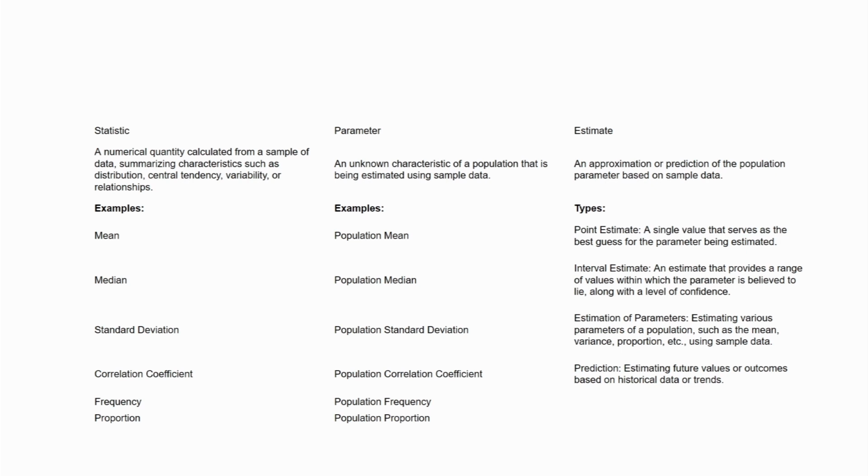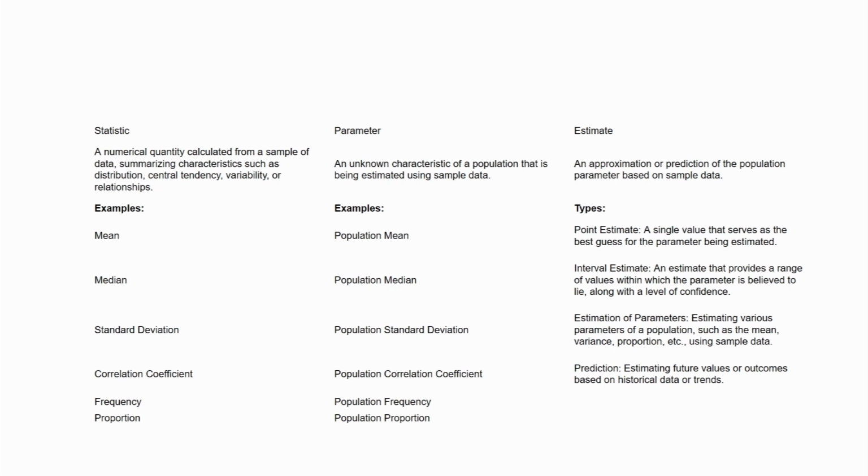Now, a statistic is generally a description of a sample. Generally, I am not saying always, because it is very difficult to do a census. If you do a census, the statistic becomes the data of the census. So a particular point value, like mean, median, standard deviation, is generally about the sample.